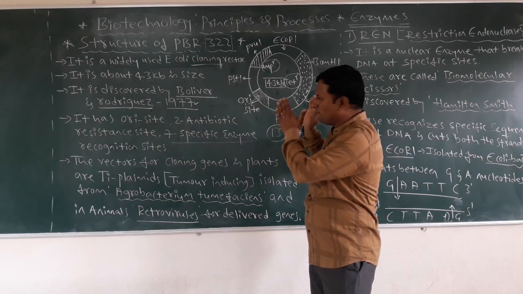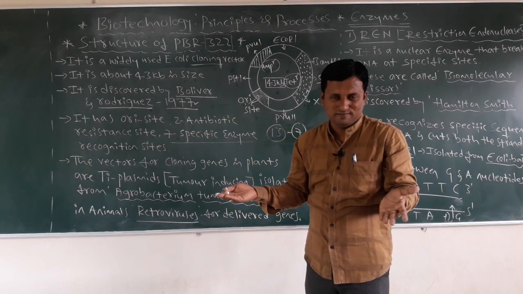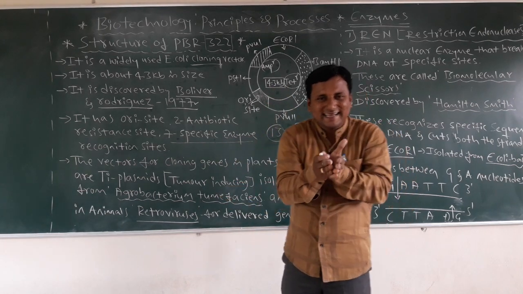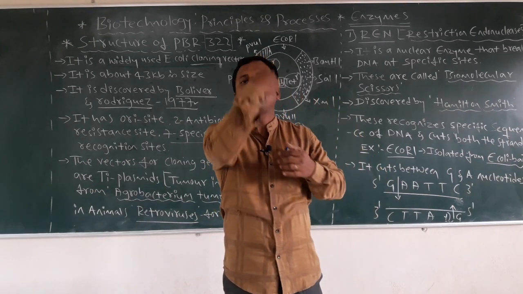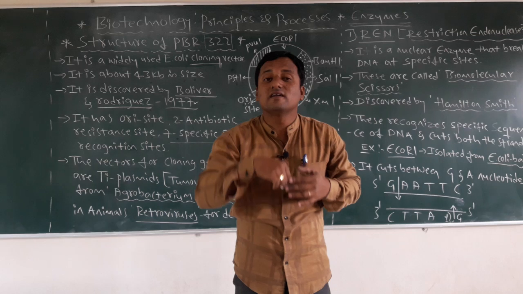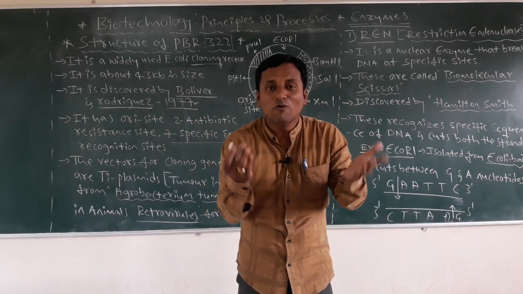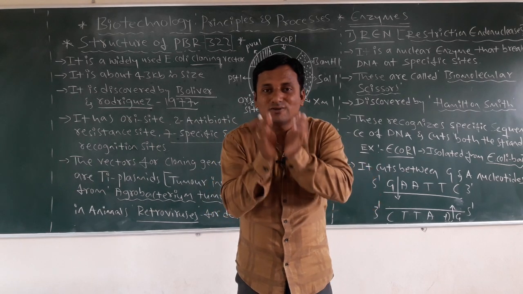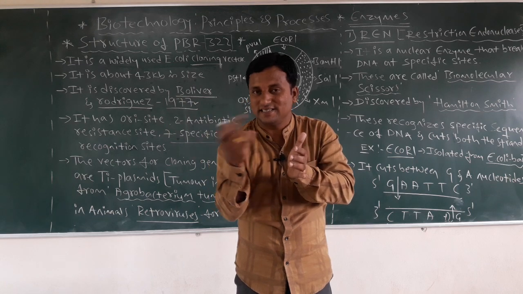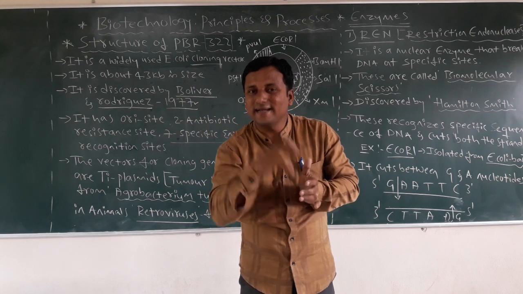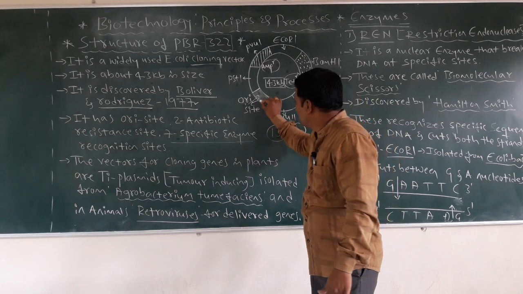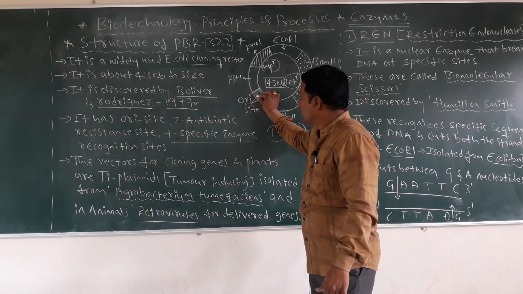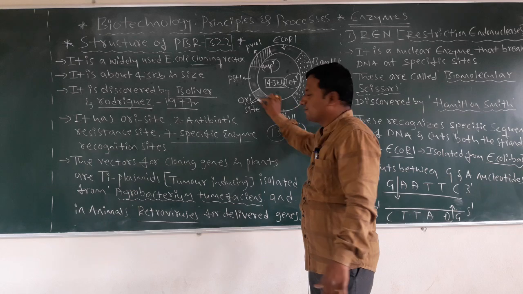What is the main function of a plasmid? To clone, because a plasmid acts as a vector. We want this gene introduced into the body at the molecular level, in the nuclear level. How are we going to introduce it? We need a transporting mechanism, and that transporting mechanism is nothing but this plasmid. Then we introduce the gene through it, and it starts the replication process.